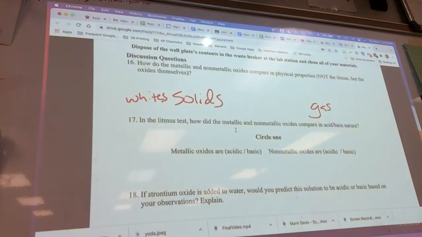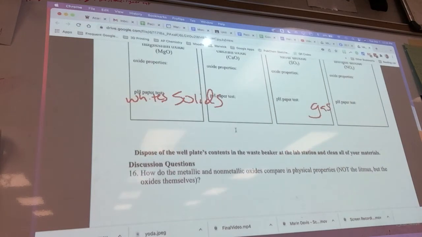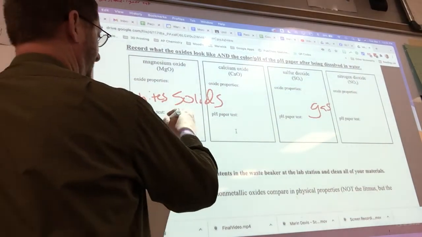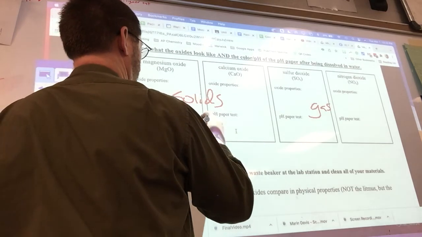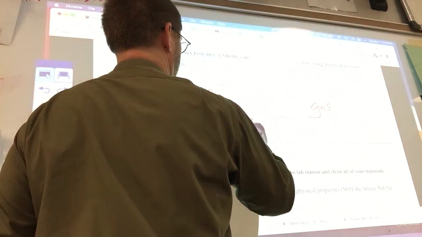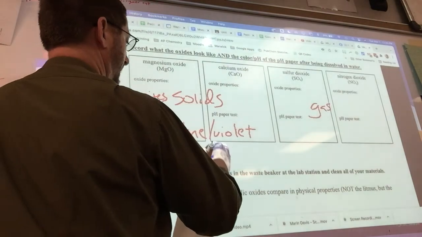All right, metallic oxides formed what sort of pH? Group 7. Basic. Yeah, they were basic, so they turned kind of bluish violet on the pH strip, so kind of blue to violet. So yeah, blue goes with basic, at least in this indicator, and therefore group 1, the gases formed what?